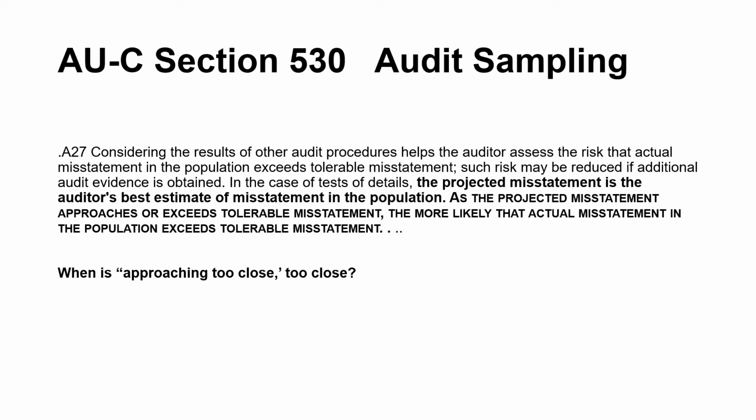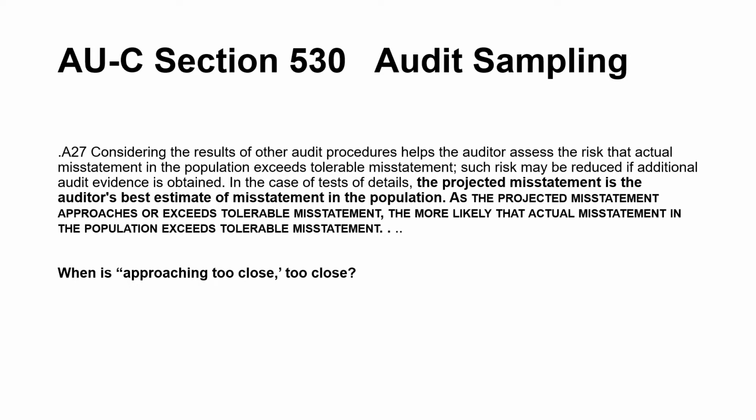Now, here's what the auditing standard says. Considering the results of audit procedures helps the auditor assess the risk that the actual misstatement in the population exceeds tolerable misstatement. Such risk may be reduced if additional audit evidence is obtained.